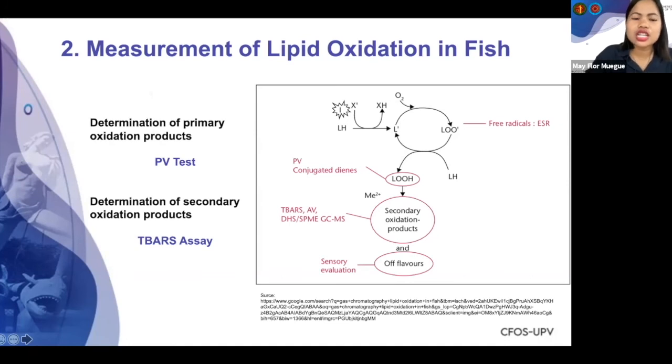Okay, so this cycle continues as the new fatty acid radical reacts the same way. So paulit-ulit sila, and then until ma-reach na yung termination stage. So the secondary oxidation products, no, are the ones that are capable of giving off flavors and odors sa product, no? Yun yung mga ketones, aldehydes, no? Yun yung tinetest mo using TBARS assay.